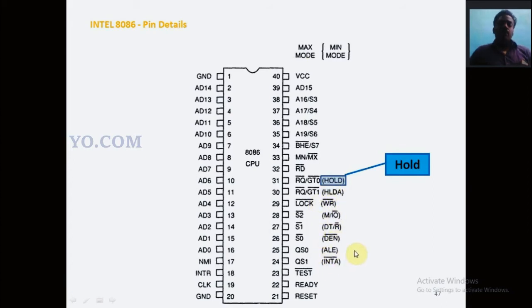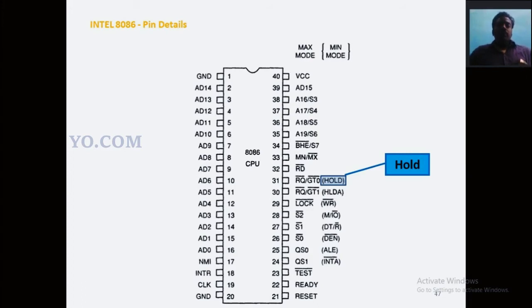The first signal is HOLD. HOLD is to lock the system bus. Sometimes an external device connected with the 8086 microprocessor requires the use of the system bus. If the microprocessor is not willing to give up the system bus, it generates the hold signal, meaning the system bus cannot be used by external hardware.